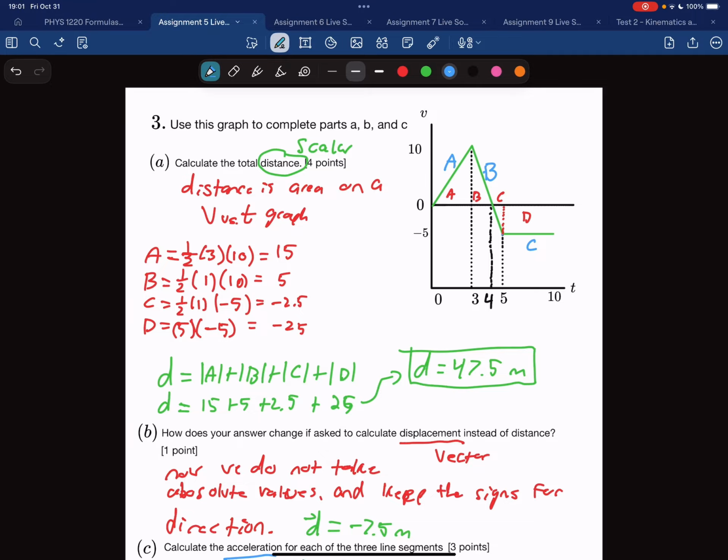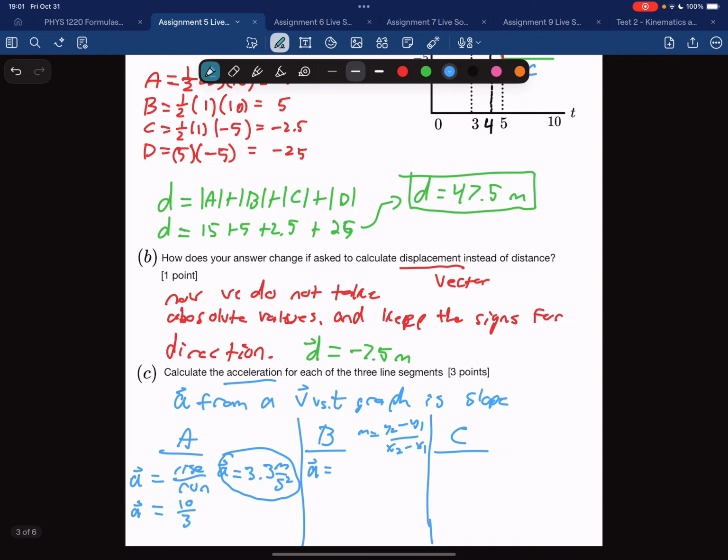And then our endpoint is going to be right at the bottom here, where it reaches the lowest point for the first time. And that's going to have an x-coordinate of positive 5 and a y-coordinate of negative 5. So plugging in those numbers here, we get negative 5 minus 10 over 5 minus 3, which gives us negative 15 over 2, which is the same as negative 7.5 meters per second squared.